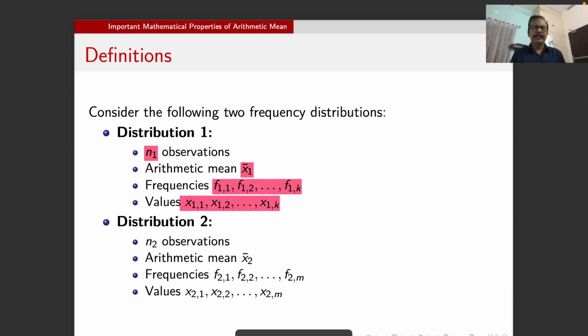Similarly, in the second distribution, we have n2 observations, x21, x22, etc., x2,n2. Here, instead of n2 I am writing m, with the corresponding frequencies f21, f22, etc., f2,n2, and arithmetic mean x2 bar. This is what we have, two distributions.